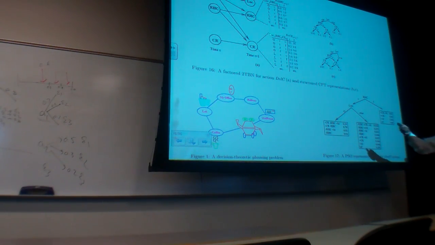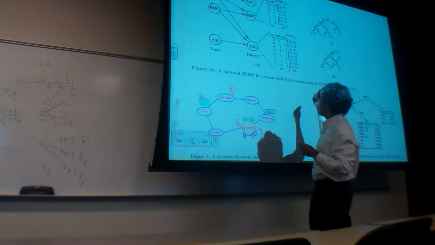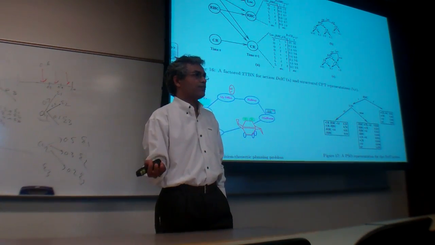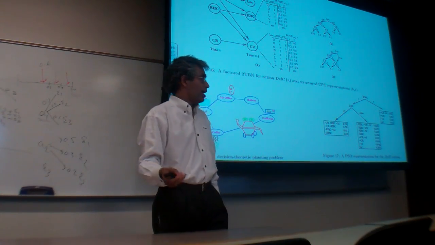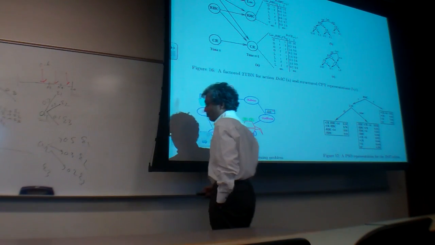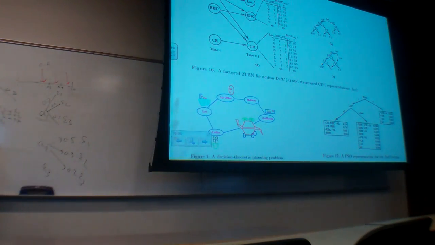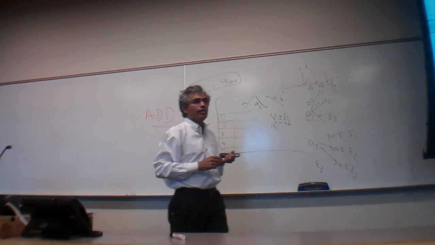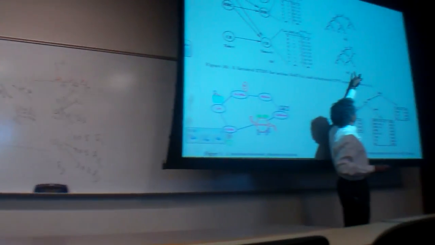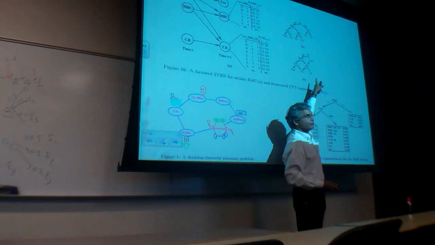Okay, so these CPTs themselves can be provided in these kinds of structured decision diagrams. In particular, this kind of decision diagram is called an algebraic decision diagram, because these are decision diagrams which end with real numbers.